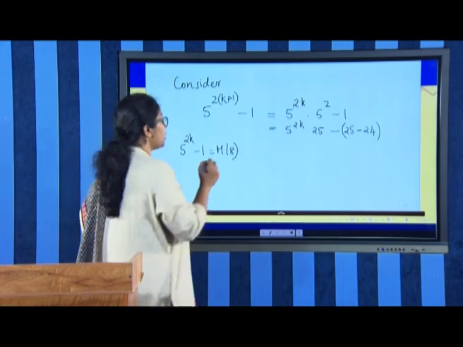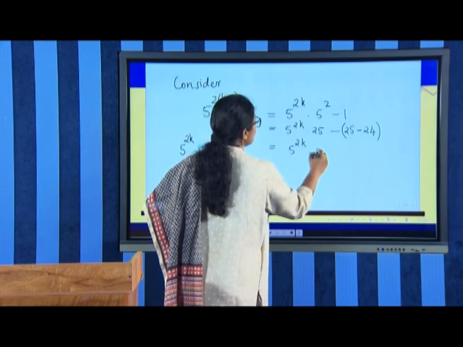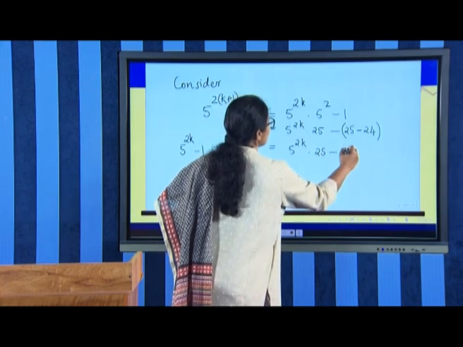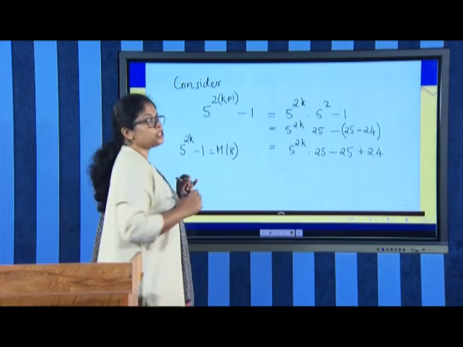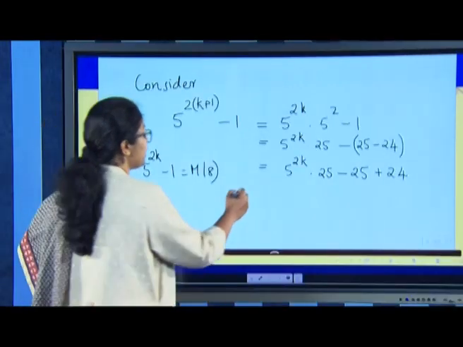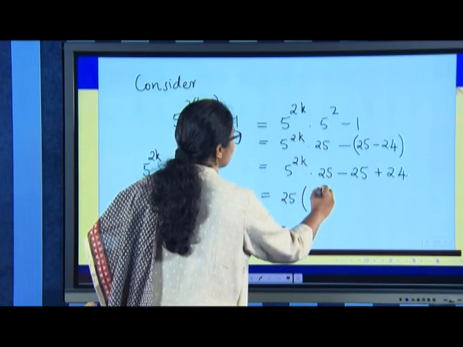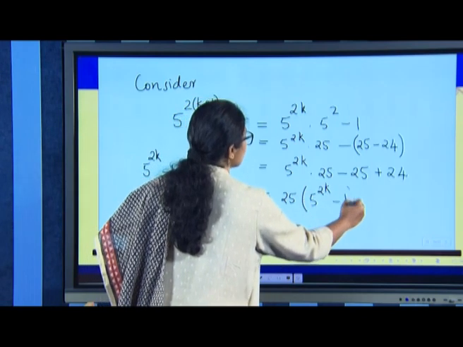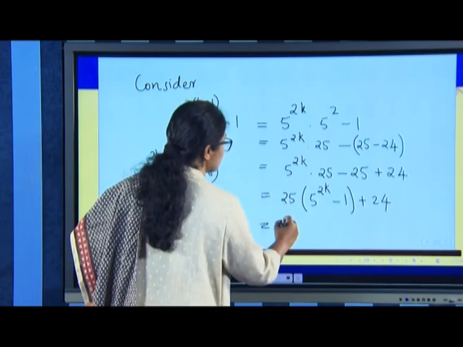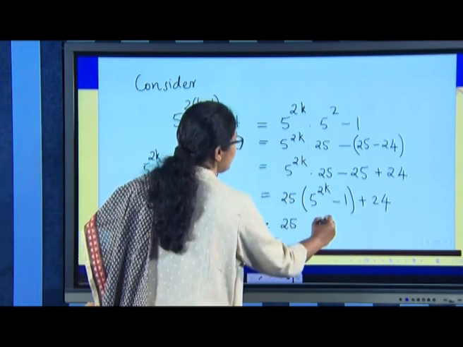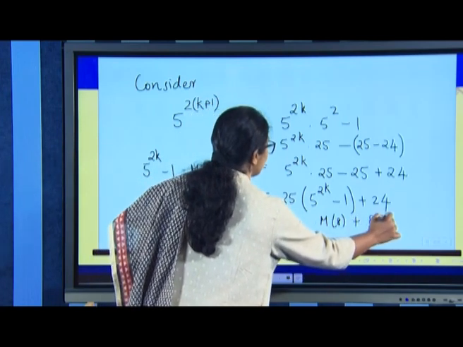So, now we have 5 power 2k into 25 minus 25 plus 24 as the initial expression. So, we can take 25 outside, you will be getting 5 power 2k minus 1 plus 24. By induction hypothesis, this is a multiple of 8, plus 24 obviously is 8 into 3.